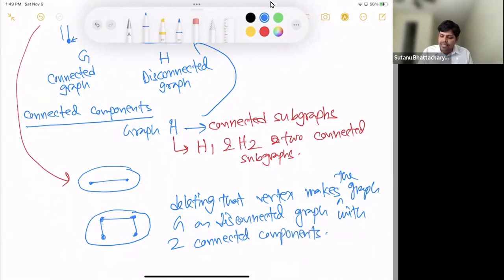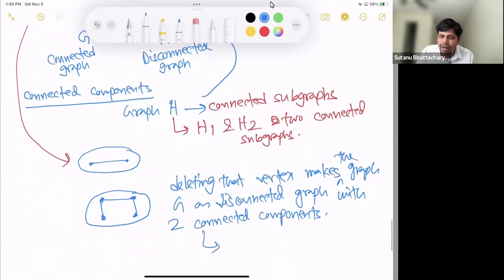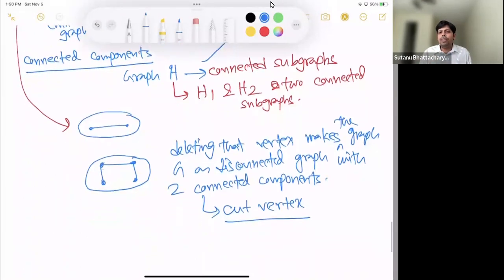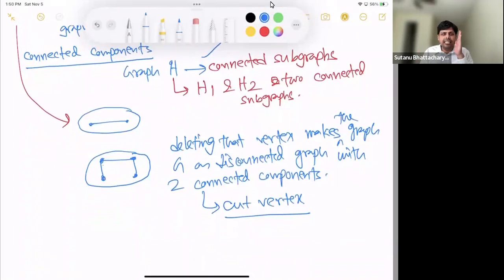If that happens, then that vertex which we deleted will be called a cut vertex. That means if you cut that vertex from that graph, it will make the graph disconnected. So that is the cut vertex. Similarly, cut edges: if you delete a particular edge and that deletion makes the graph disconnected, then it will be called a cut edge.